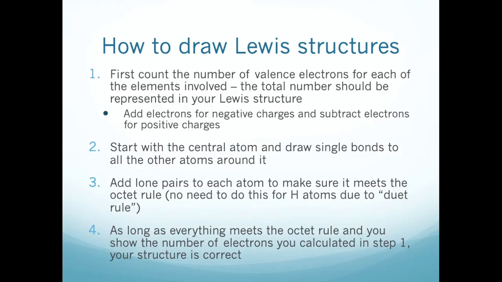By the way, those 2 rules are good enough for this class. There are other rules that come into play, especially if you go on to Chem 111, 112. I think the most important one is probably the concept of formal charges. If you're curious about some of that, we can talk about that in office hours or outside of class.